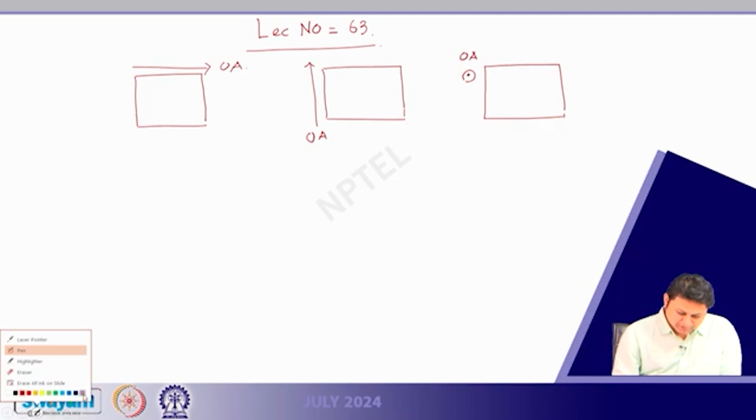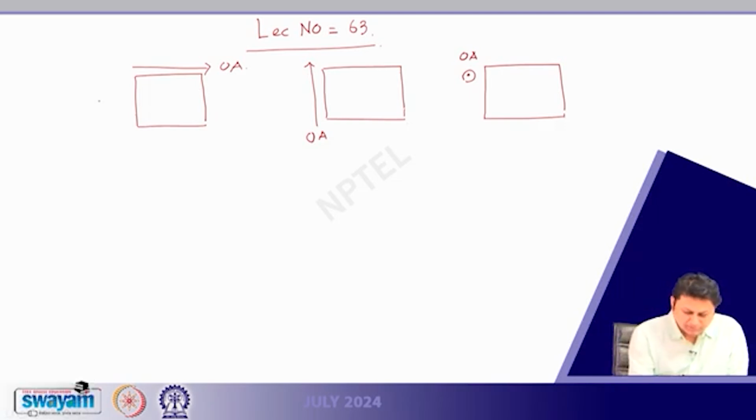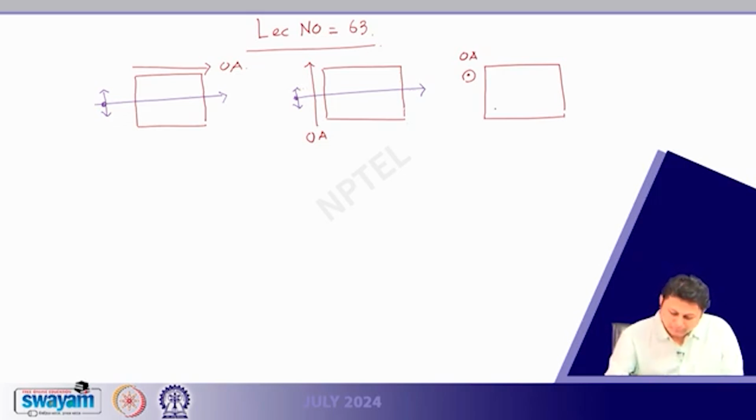And the propagating light was this. So, in the first case, both components of polarized light are perpendicular to the optic axis OA.